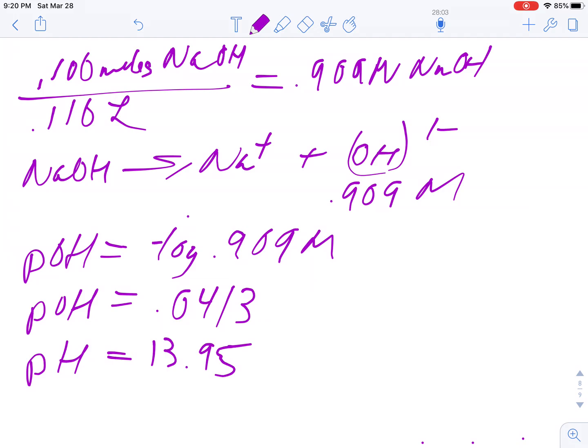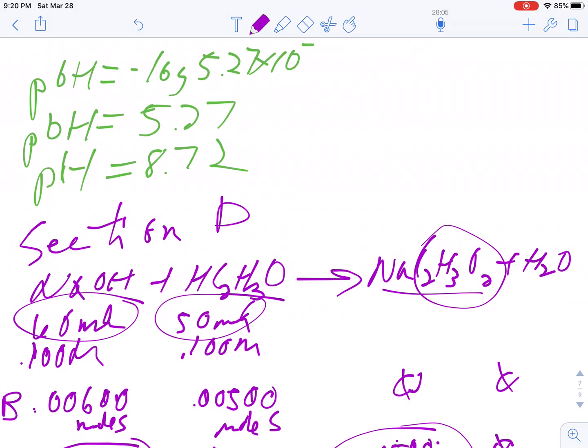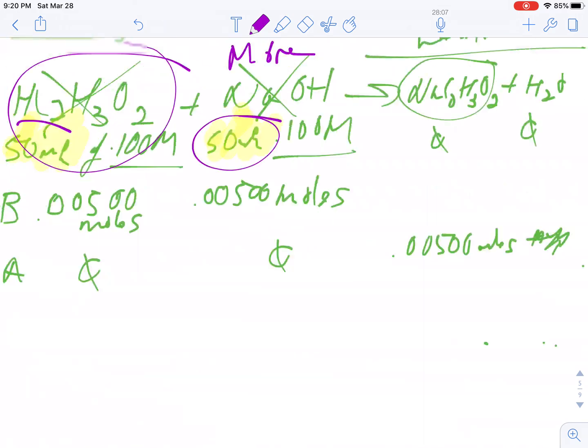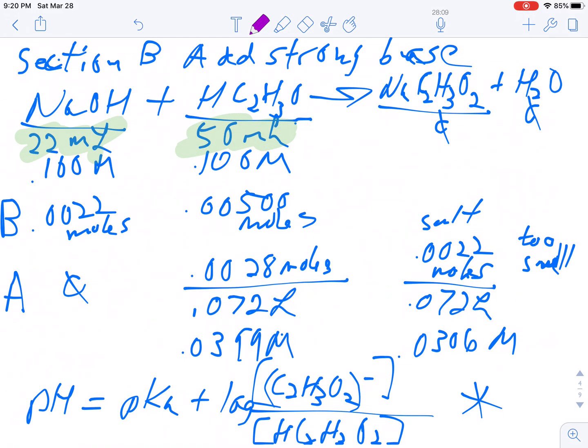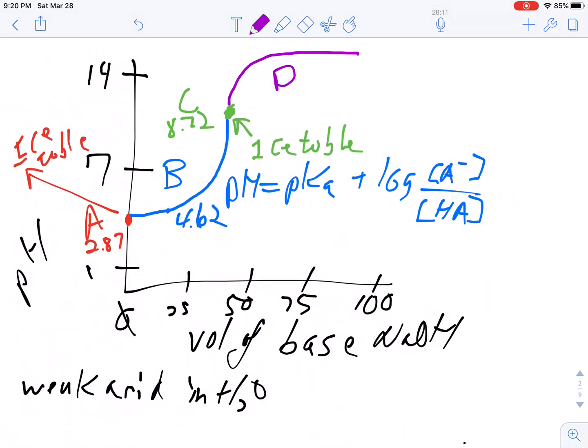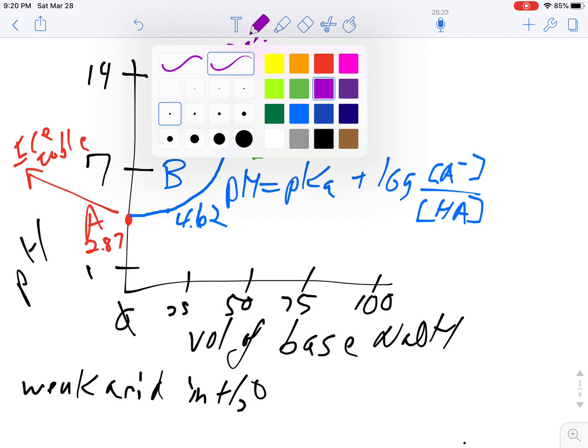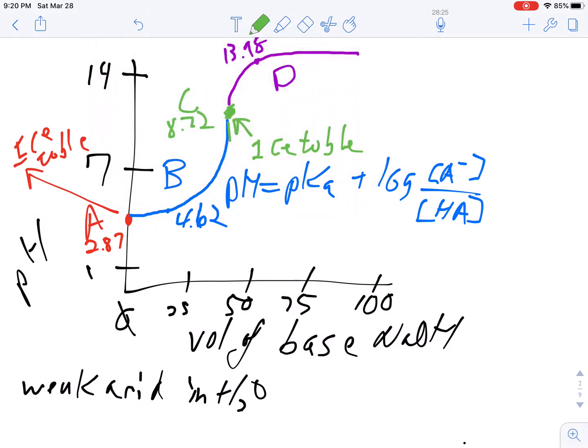So when I add 60 mL of hydroxide, whoops, 60 mL, or about 13.95. I didn't quite do it perfectly, but the equivalence point, as you can see here, is at 50 mL.